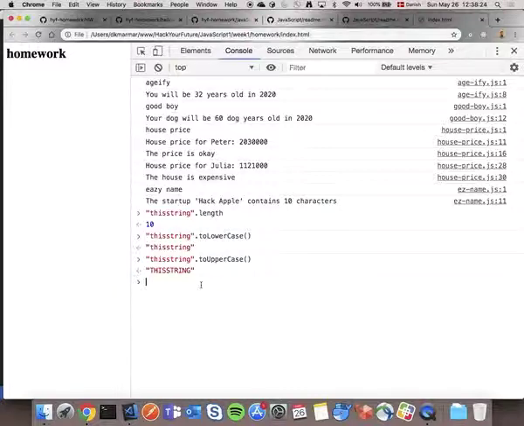And then of course, we have the opposite, and it made all of it toLowerCase. Even this one was already lowercase.